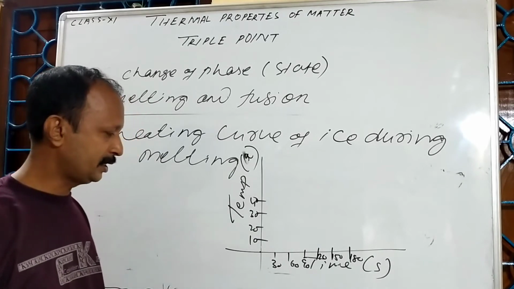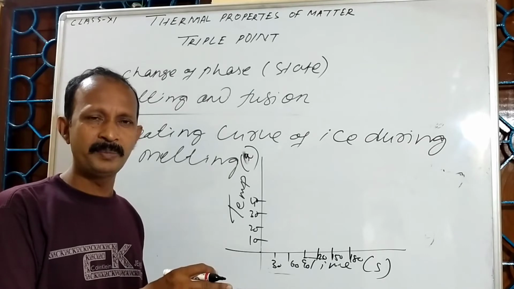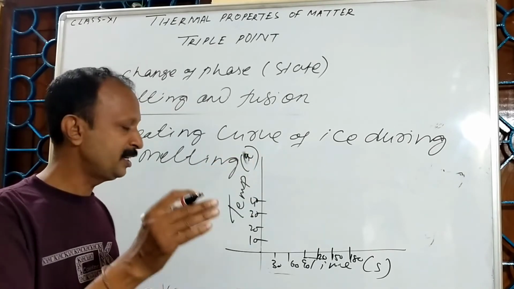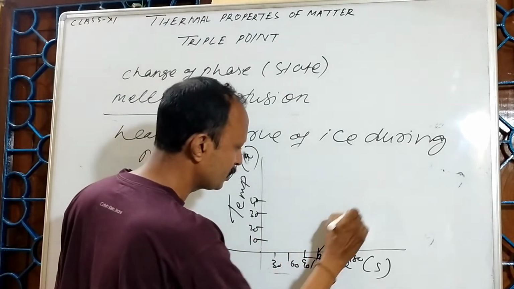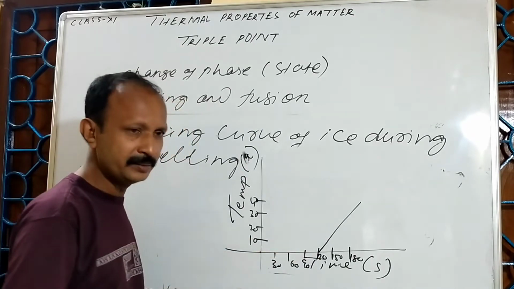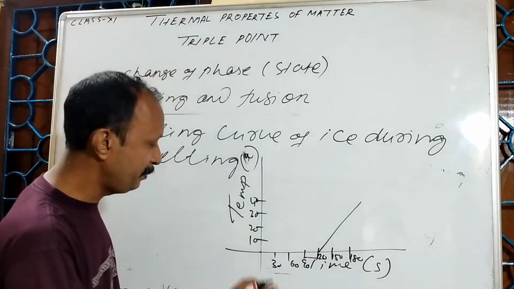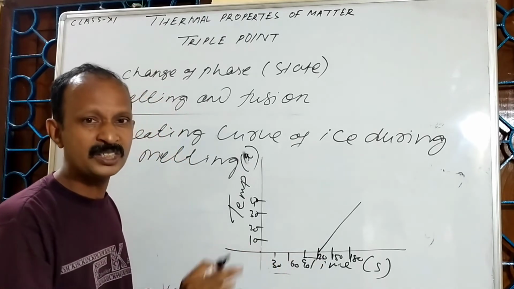Whenever we supply heat, its temperature does not suddenly increase, because at that time ice is converting into water. That means we can get ice and water. For example, at 120 seconds it started to increase its temperature. That means from 0 to 120 seconds, its temperature is not changing.